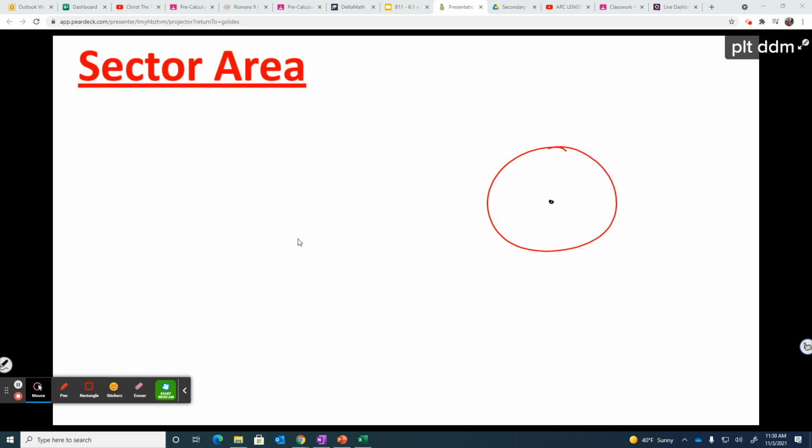So we got a circle. Let's draw a similar deal here. We got the same thing happening. Area obviously is a little different than length, right? Area is two-dimensional. So a sector area is basically the area of this little wedge that we cut out.